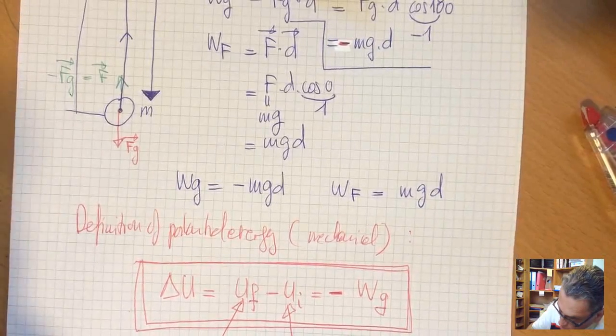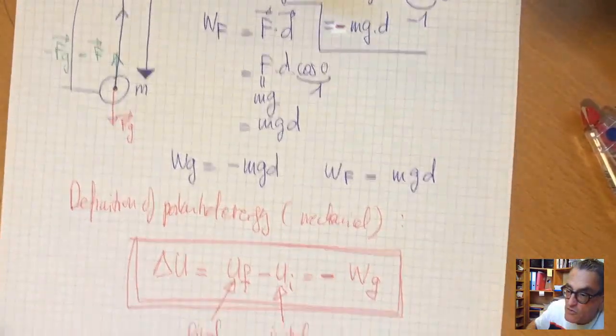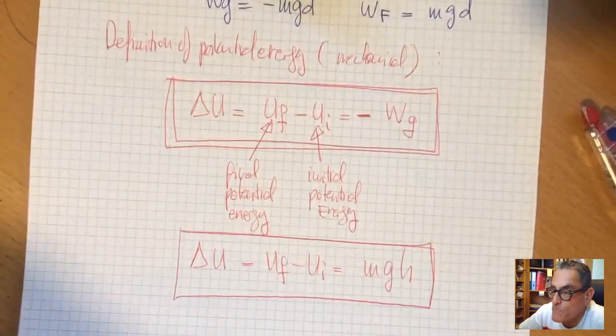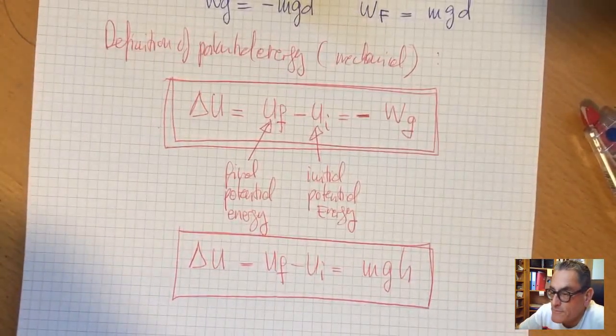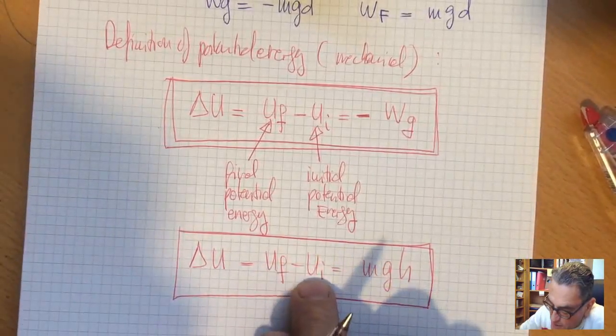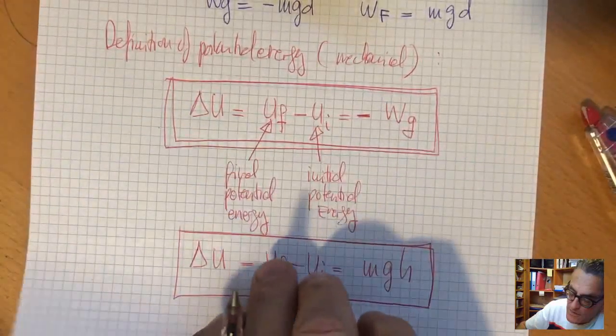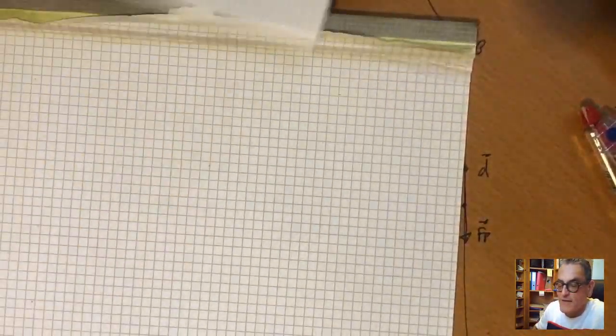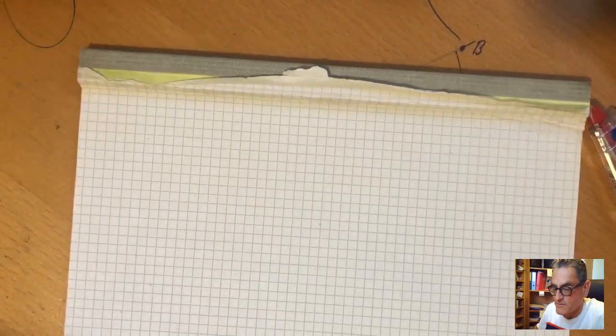This is the final formula that you should remember. Okay? Now here we have final and initial. Okay, so let's compute now and simplify this a bit.